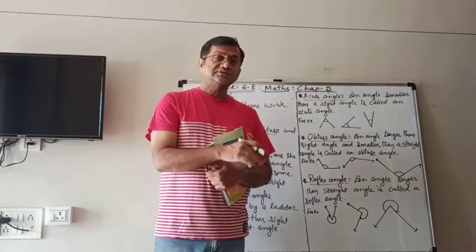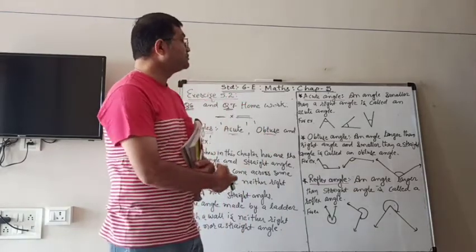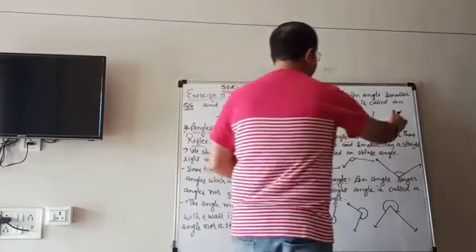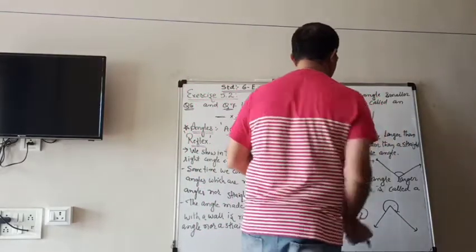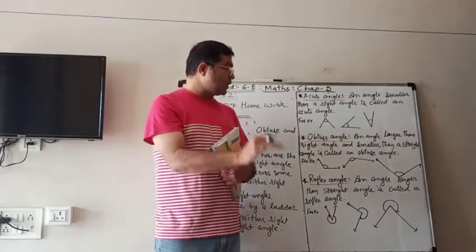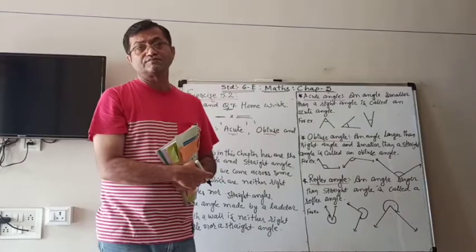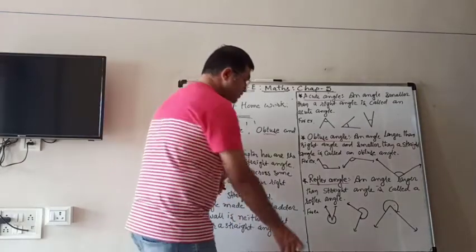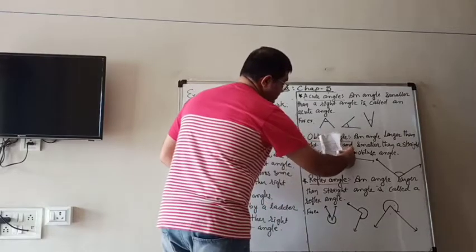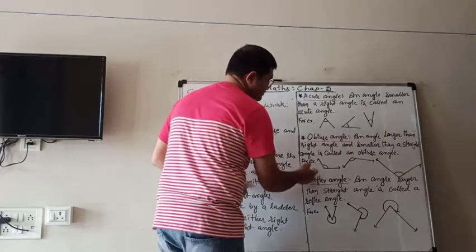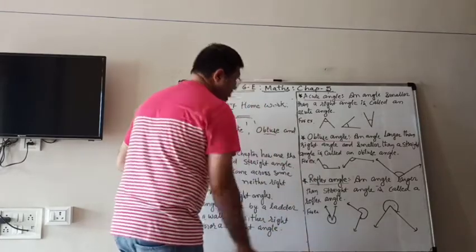Then the other one is the obtuse angle. An angle larger than a right angle. If the angle is larger than a right angle but smaller than a straight angle, meaning between them, you can see that it is larger than the right angle, but a straight angle is like that, so smaller than the straight angle.